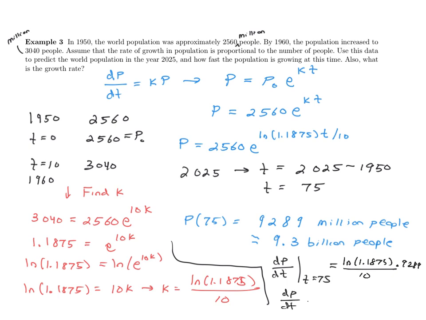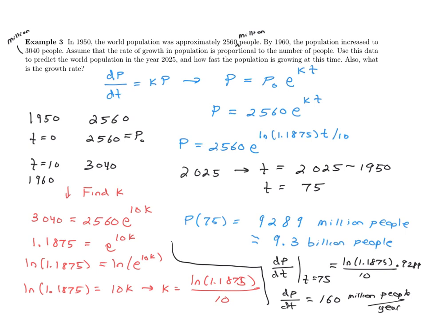When I do the math in my calculator, I get 160, and this is million people, so let me be careful there. 160 million people per year. So that is how fast we're growing at this moment in time: 160 million people every single year.